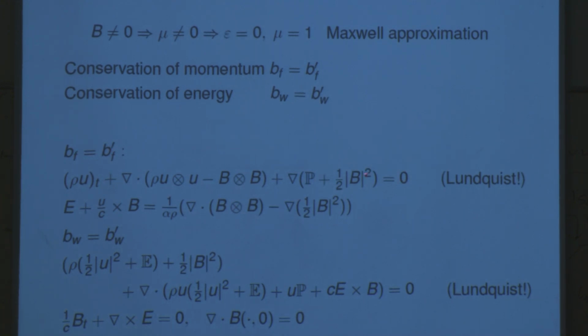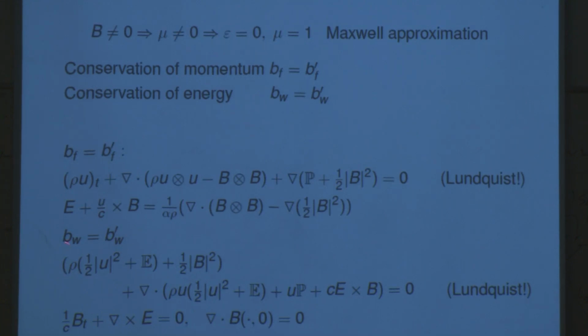Using the formal expressions for these, you find that you recover exactly the Lundquist momentum equation, and you get an explicit expression for the electric field, which, if it weren't for this term, would be the same as Lundquist. There's an extra term, and I'm going to refer to this model as the modified Lundquist because of the extra term here. But again, it gives the electric field explicitly in terms of the magnetic field and the fluid density.